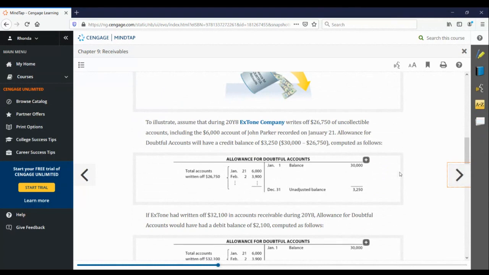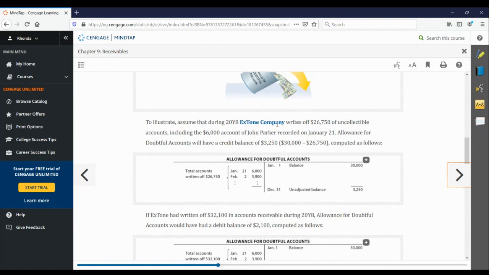Something that I want to emphasize to you is the T account for the allowance for doubtful accounts. This allowance for doubtful accounts is for the X-Tone company.